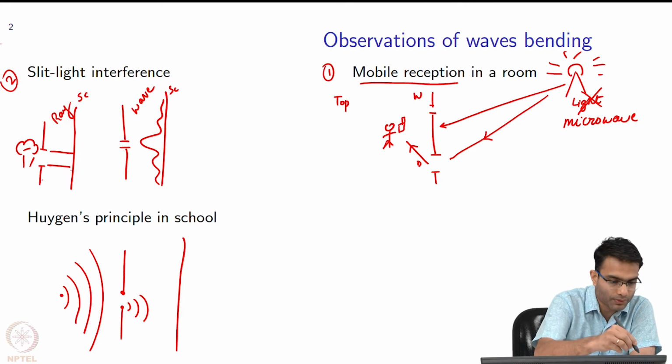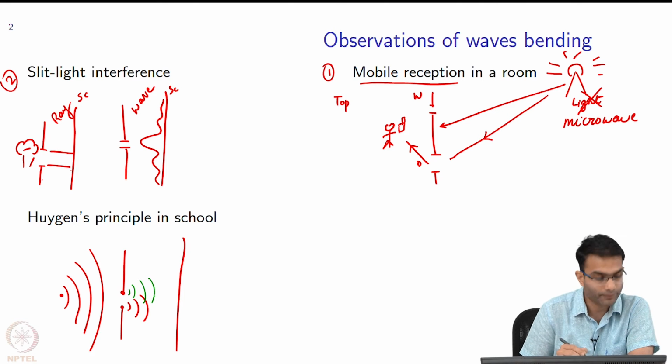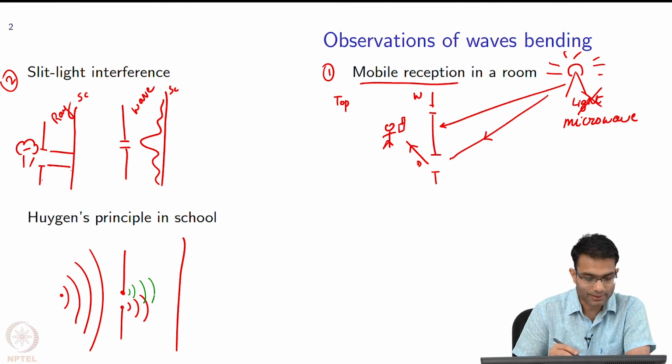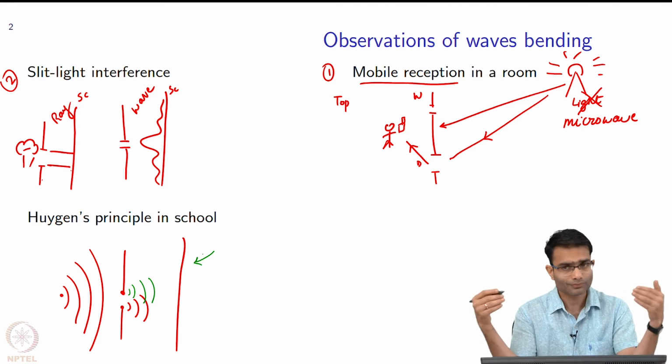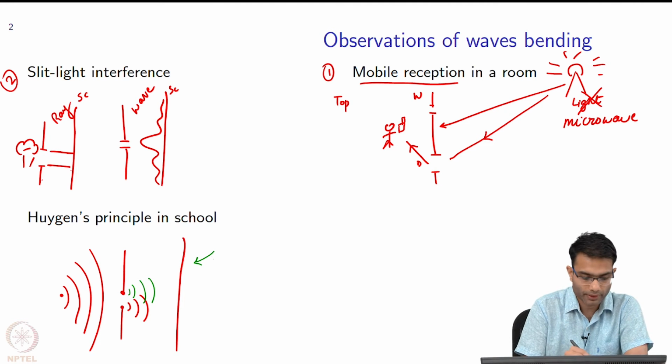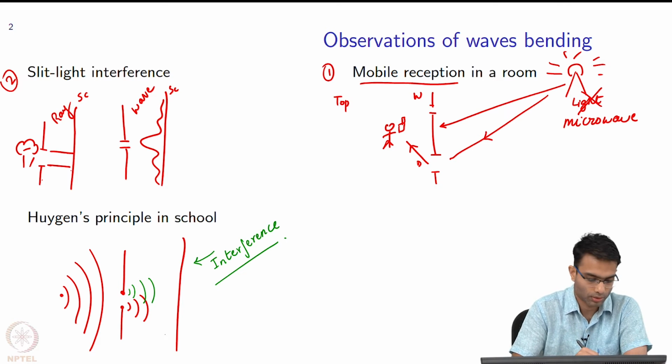So, this is waves from the first guy and these are waves from the second guy. And as a result of this, over here on this screen, these waves interfere, and you observe an interference pattern appears over here.